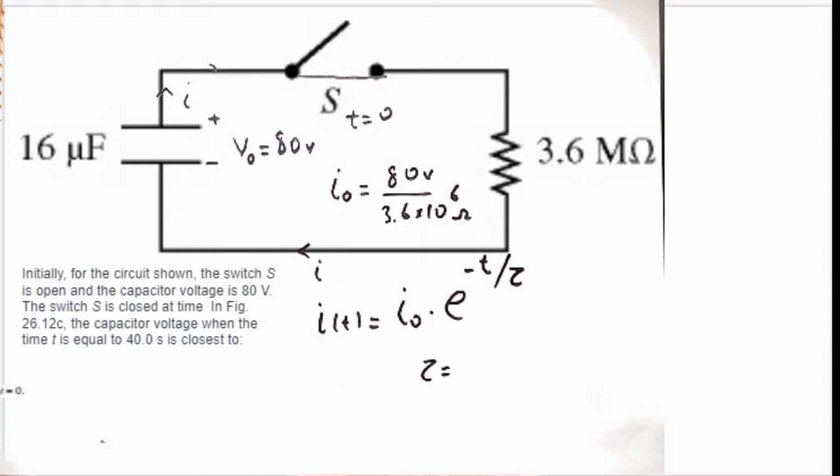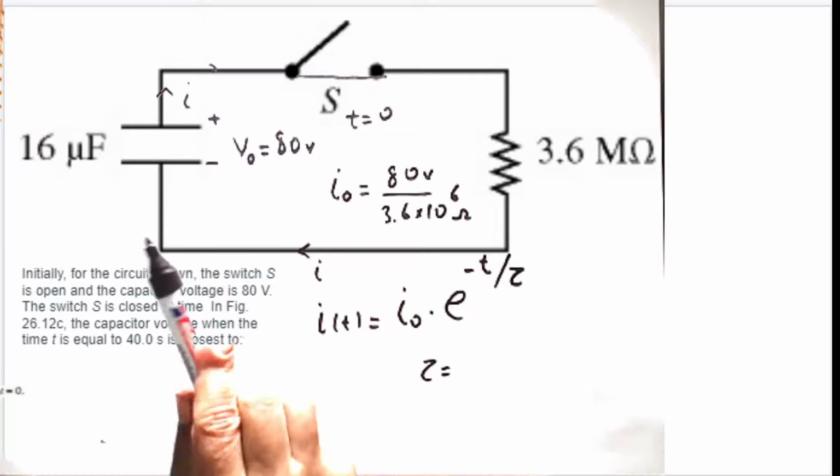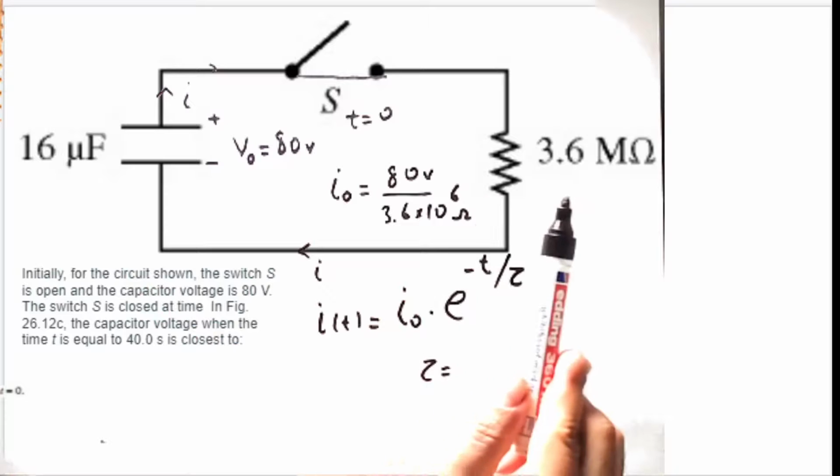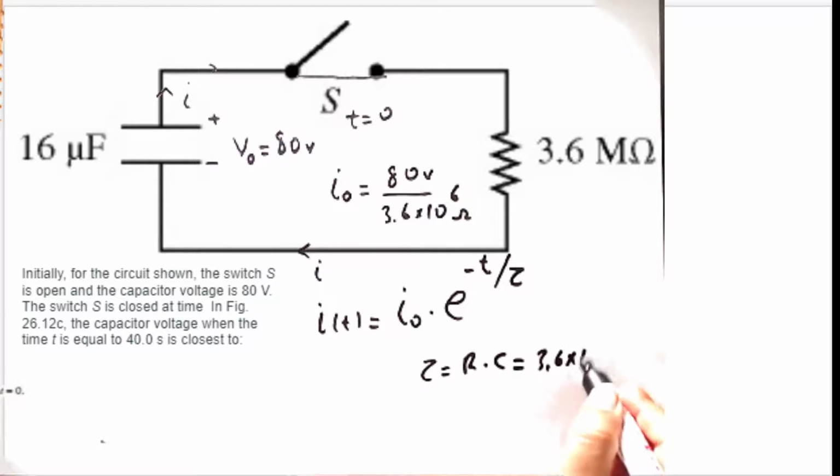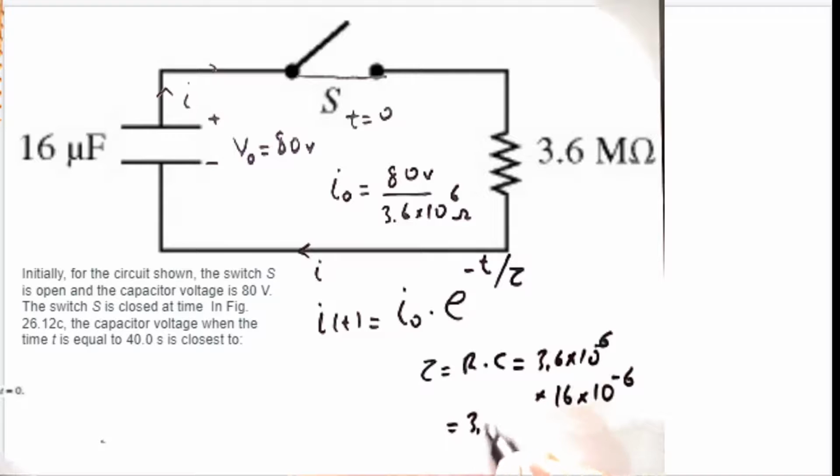For this circuit, the time constant is nothing but the resistor value multiplied by the capacitance value, R times C. So this is 3.6 times 10 to the 6 multiplied by 16 microfarad. 16 micro means 16 times 10 to the minus 6. 10 to the 6 multiplied by 10 to the minus 6 gives you 1, so it is 3.6 multiplied by 16 seconds.